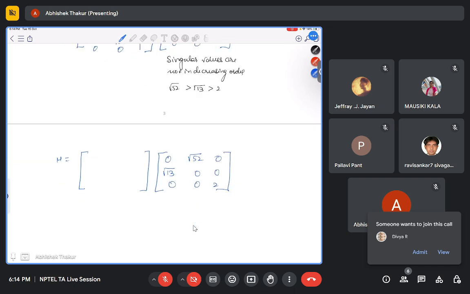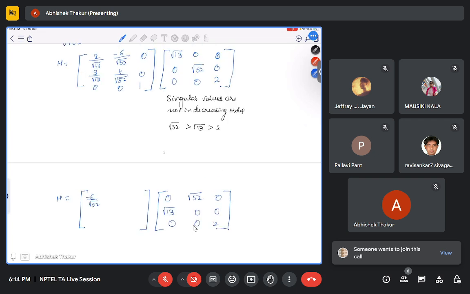And here we will interchange column 2 with column 1, so it will become minus 6 by root 52, 4 by root 52, 0, 2 by root 13, 3 by root 13, 0, 0, 0, 1.